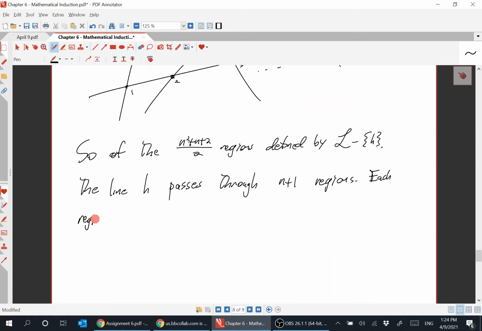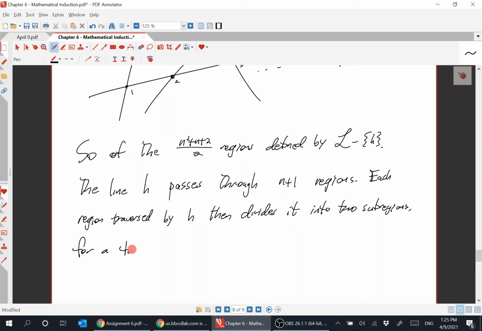Each region traversed by H is divided into 2 subregions. So, for a total gain of how many regions? A total numerical gain of this much to the total number of regions.